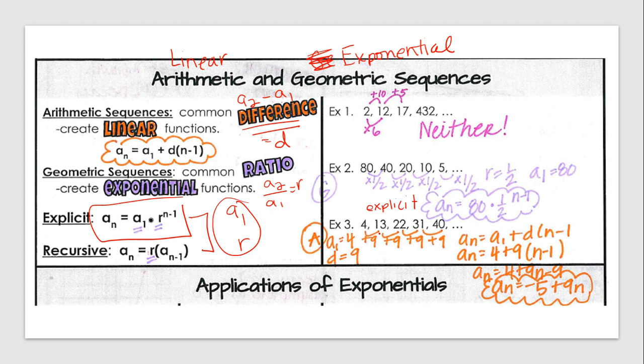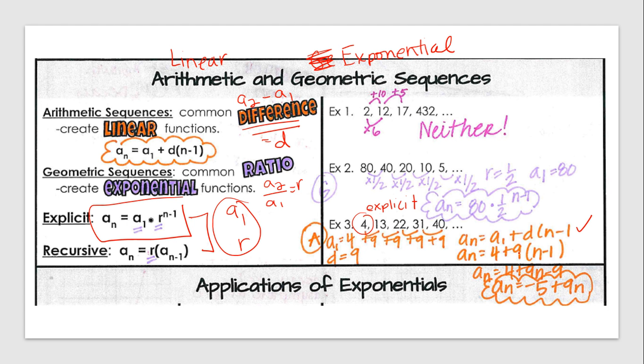And then number 3 happened to be arithmetic, because 13 minus 4 gives me 9, 22 minus 13 gives me 9, 31 minus 22 gives me 9, 40 minus 31 gives me 9. I'm adding 9 every time, so this is an arithmetic sequence. My first term is 4, my common difference is 9, so now I can use my arithmetic explicit formula. a sub 1 was 4.